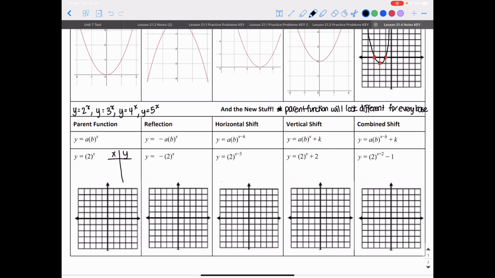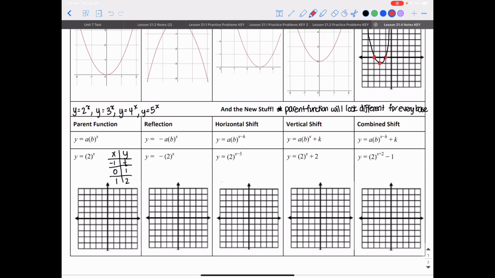For most cases, I'm going to pick -1, 0, and 1 as my x's that I'm going to plug in for the exponents. If I plug in -1 for x, I'm going to get 1/2. If I plug in 0 for x, I'm going to get 1. And if I plug in 1 for x, I'm going to get 2. So that's my parent function table.